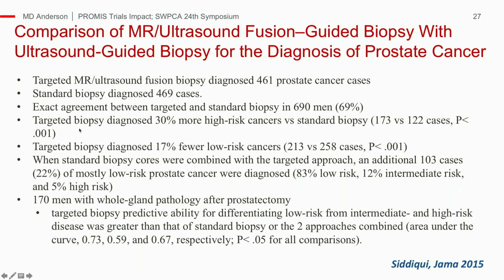And it also avoided identifying men who had low-risk prostate cancer, so getting away from this overdiagnosis of low-risk prostate cancer. Only 170 of these men, which is a little bit disappointing, out of the nearly 800 to 900 men who underwent prostate biopsy, actually went to prostatectomy and have whole gland pathology to compare to.